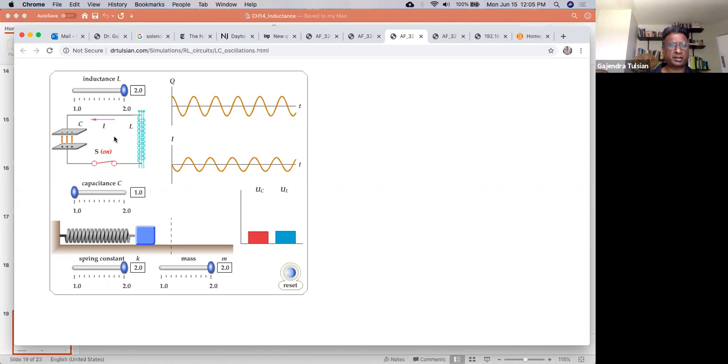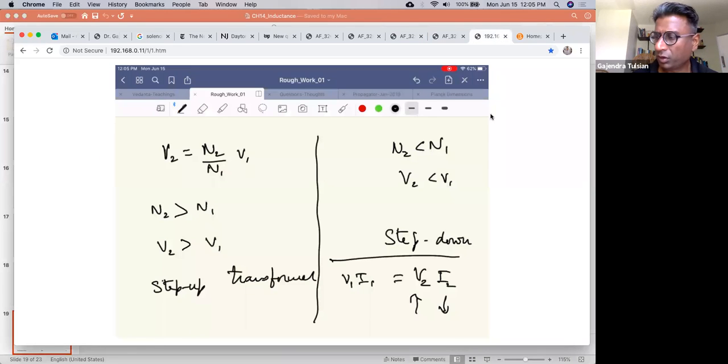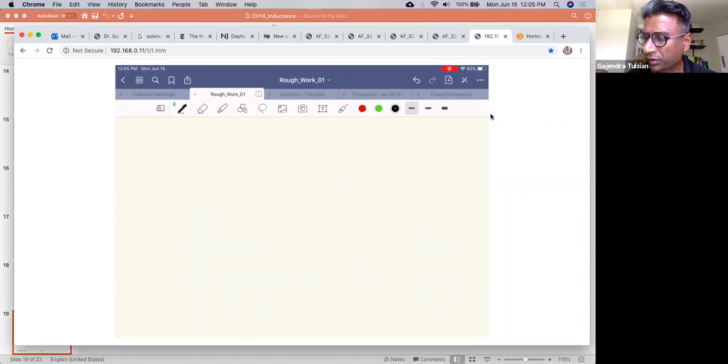And it has a characteristic frequency, and we'll show you in a second, the frequency of oscillation is omega is 2 pi f. F is the frequency.